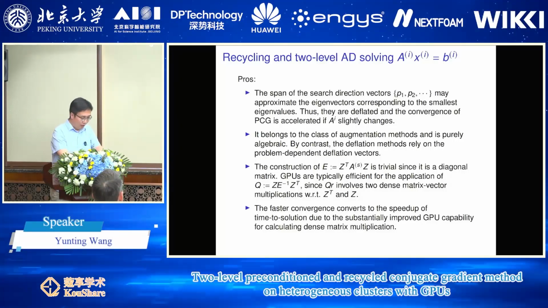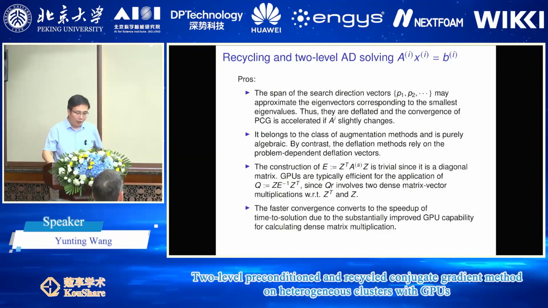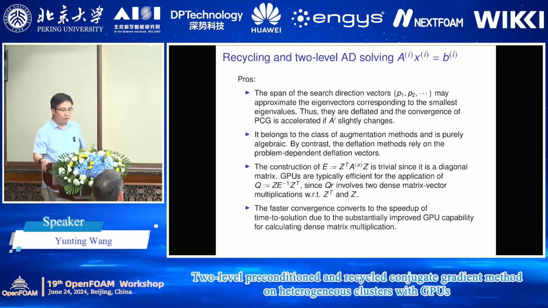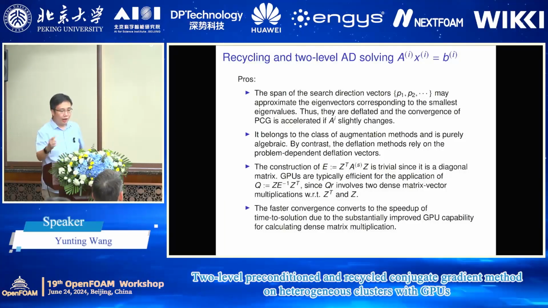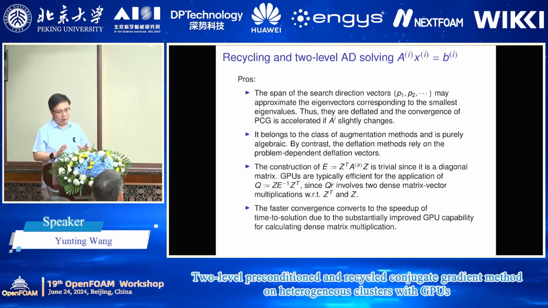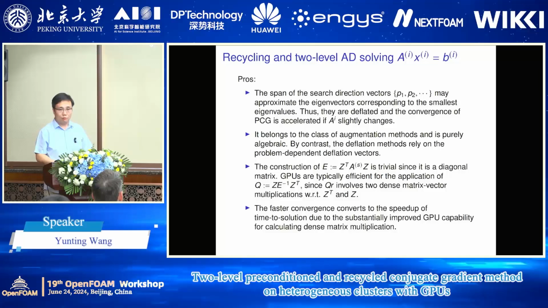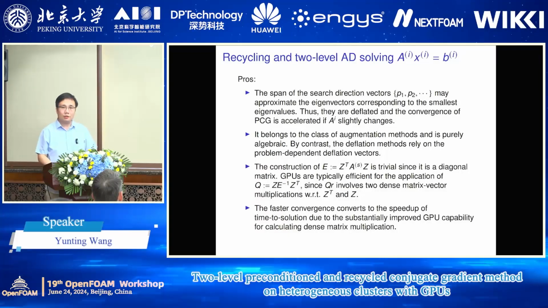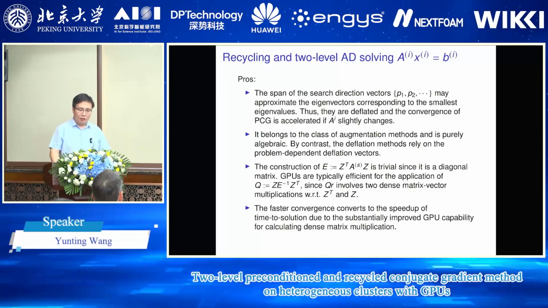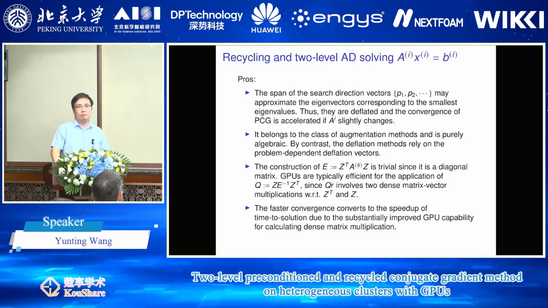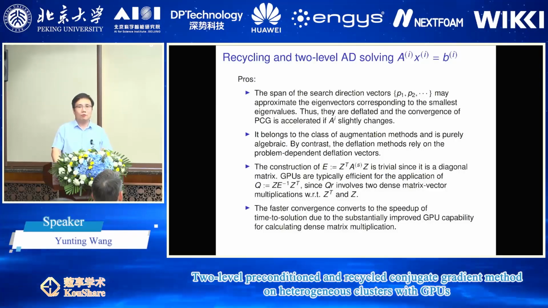Okay, that's one. And for the construction of the E matrix, it's very easy because it's a diagonal matrix. The most important thing is that in this correction scheme, you have to multiply the correction matrix Q with a residual vector R. Actually, this is dense matrix multiplication by vectors. It's very time consuming.